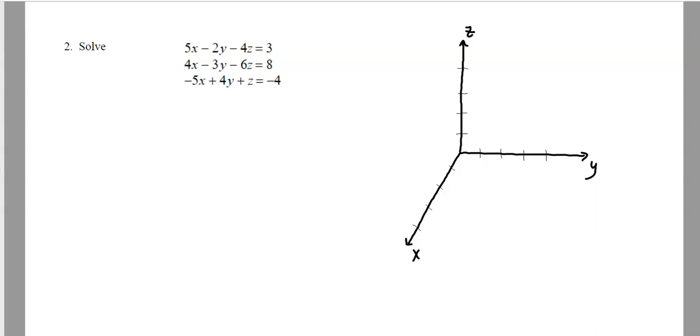And then back this way would be negative. And this way would be negative. And that way. Oh, it's kind of a crooked line. That way is going to be negative.